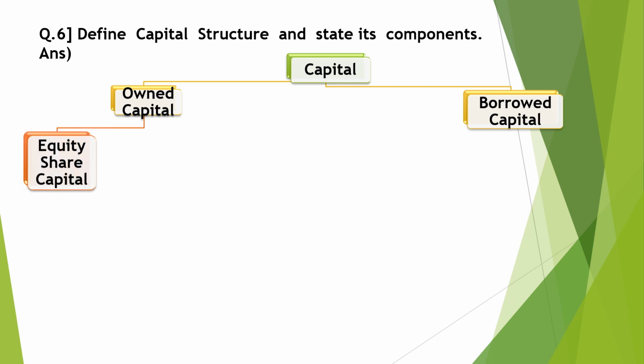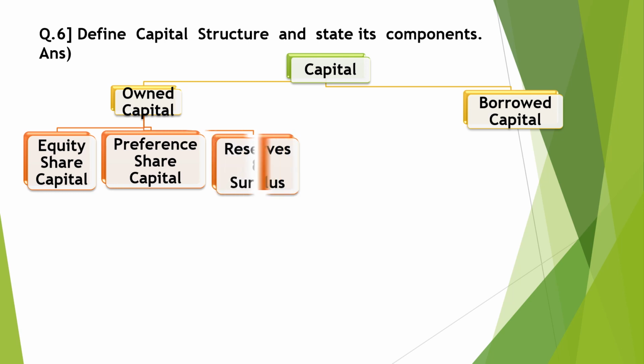Examples of owned capital could be equity share capital, preference share capital, and reserves and surplus existing within the company. But this source, that is the owned capital, is not at all enough to carry on business activities on a large scale. A business organization further needs to move a step ahead, where it has to go towards borrowing funds.